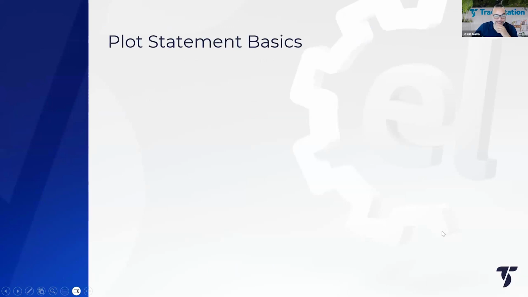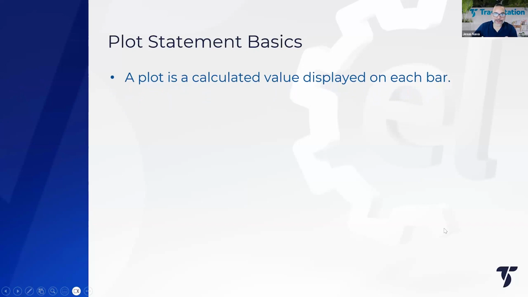Talking about plot statements, a plot is a calculated value that is displayed on each bar. It's important that we understand the plot statement if our intention today is to modify them. Anytime that EasyLanguage uses the word plot, it means that we're going to draw something on the chart.